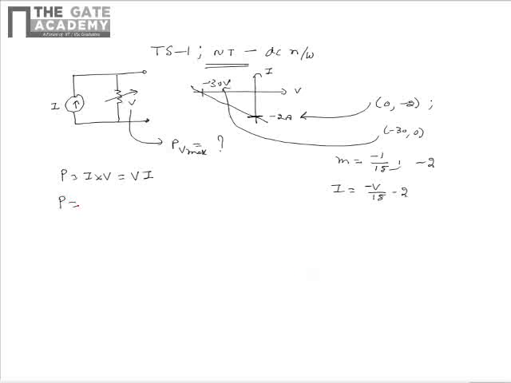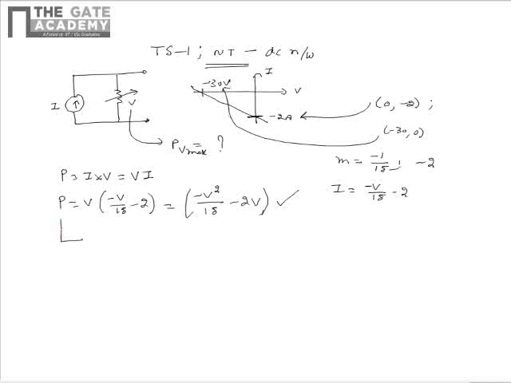From this the power dissipated in the variable resistor can be written as P is equal to V multiplied by (-V by 15 - 2). This can further be simplified as -V square by 15 minus 2V.